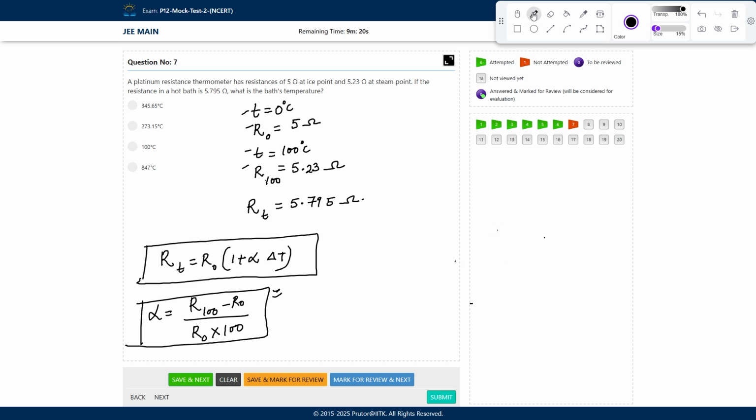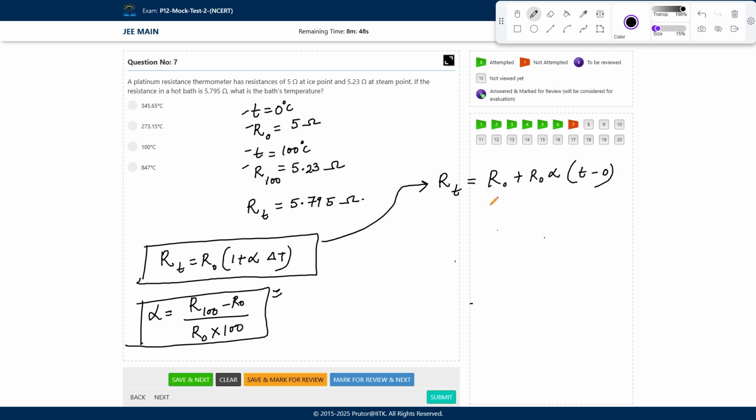Now for temperature T, we are going to find the temperature at which resistance is this. The formula for this is RT equal to R0 plus R0 alpha delta T, and we can write delta T as T minus 0, that is, temperature T minus the reference temperature, 0 degree Celsius.